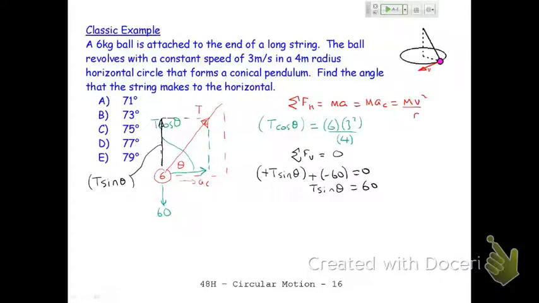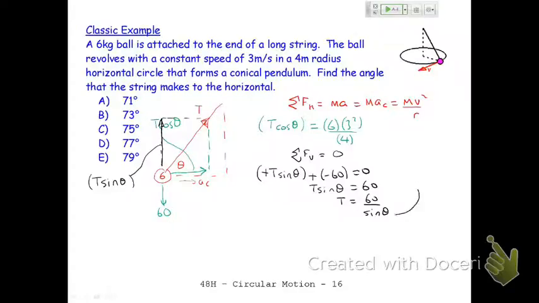Okay, so I've got two choices now. I can be kind of cute or I can be kind of straightforward. So let me show you the straightforward way. The straightforward way is I want to get rid of that T. So I'm going to say T is equal to 60 over sine theta.